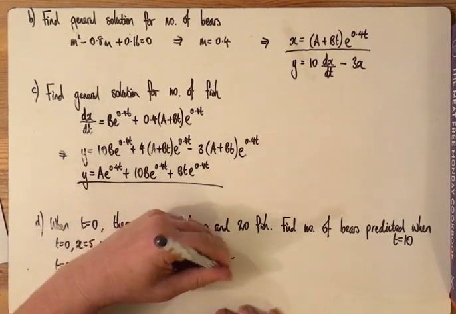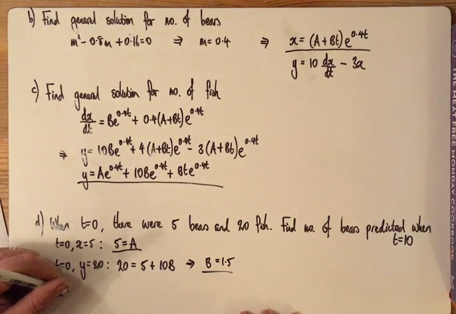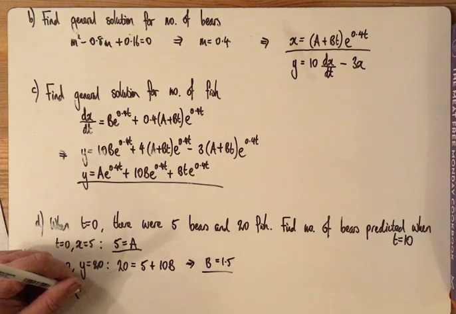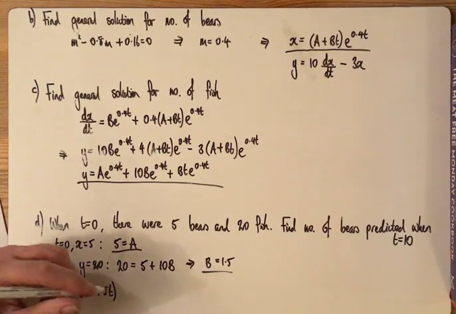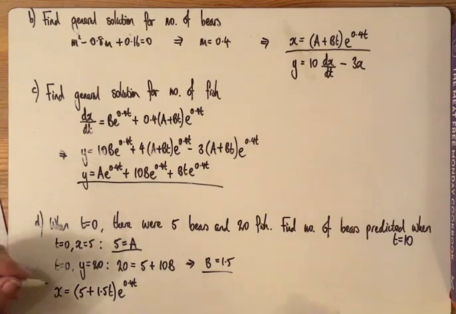And we want the number of bears, and so that's x equals 5 plus 1.5t, e to the 0.4t.